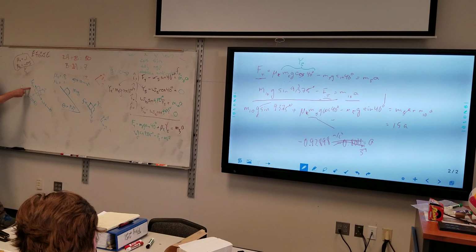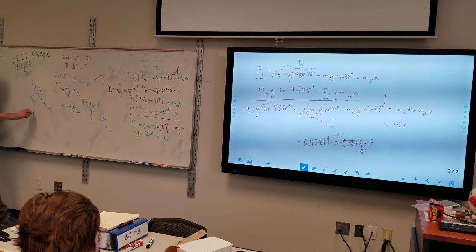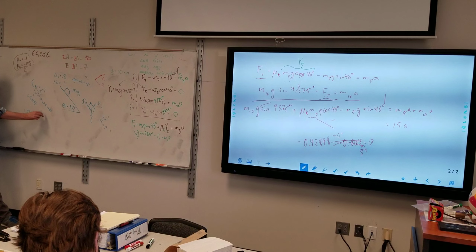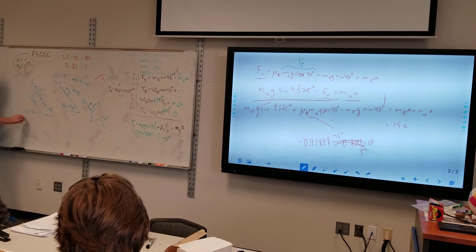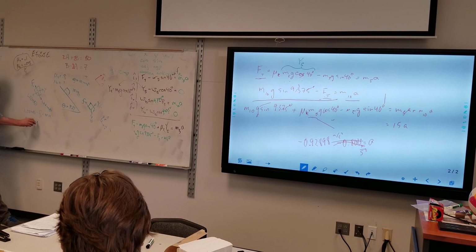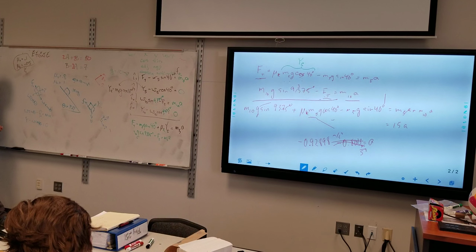That could be wrong, but that's just my starting assumption. I get W sine theta minus the friction is equal to mass times acceleration. And Y minus W cosine theta is equal to 0. And again, if you chose the j hat to be in the opposite direction, then you'd have W cosine theta minus Y equals 0.